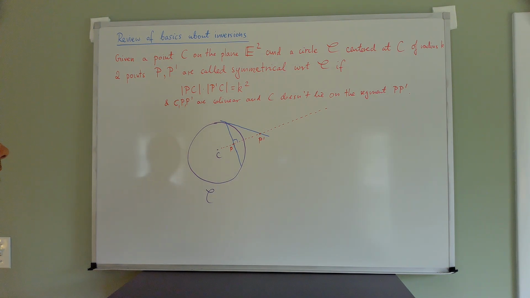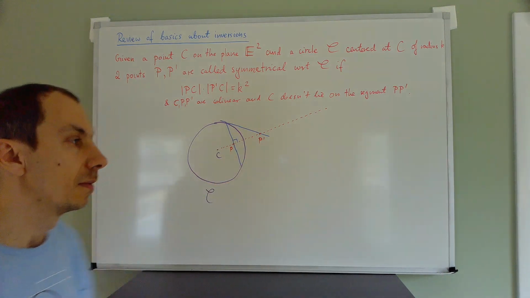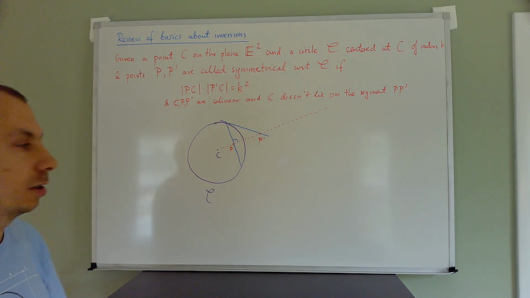Namely, actually, let's start with the second thing here: if I connect C, P, and P prime, these 3 points are actually collinear.